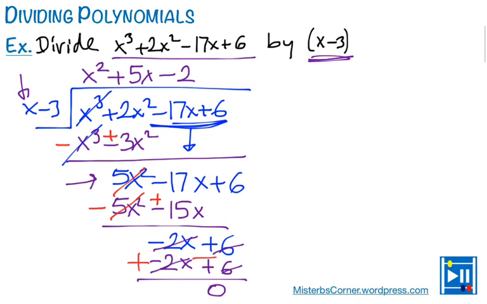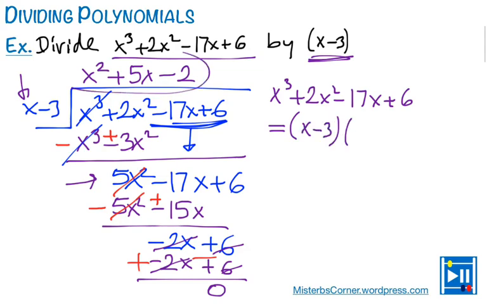So I can write, this is also very important, x cubed plus 2x squared minus 17x plus 6 is equal to x minus 3 times whatever I find here, x squared plus 5x minus 2.